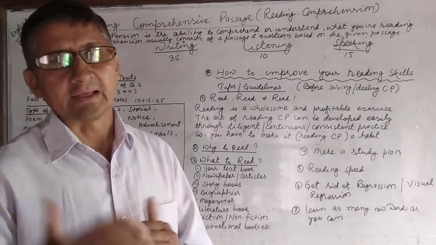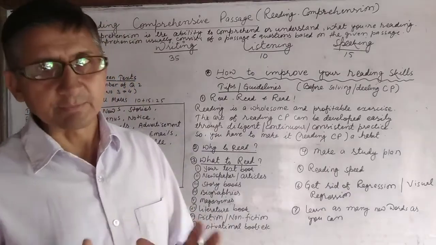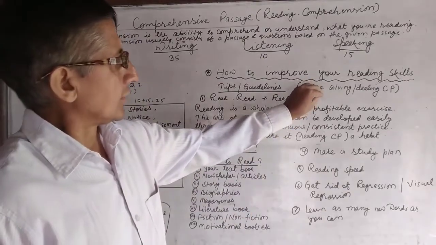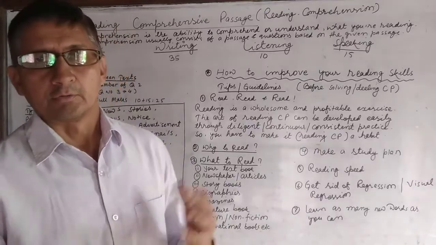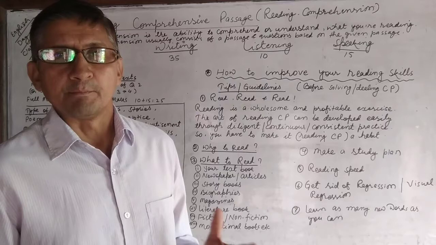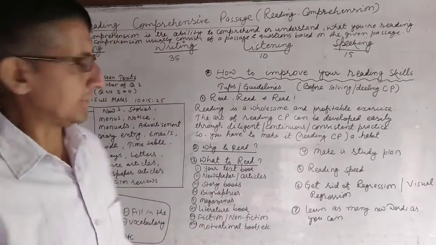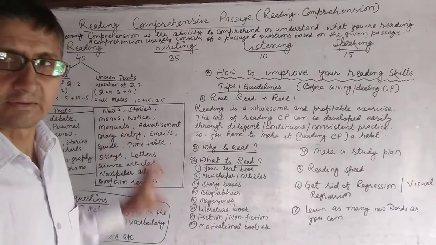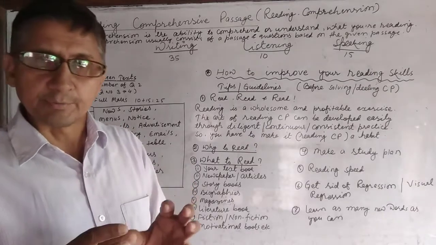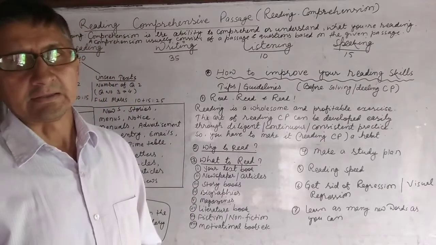As a result, they are able to get success in the war. Similarly, I'm going to prepare you well. I'm going to make you well equipped and well trained before solving the comprehension passage, before reading and solving the question answers in the passage.